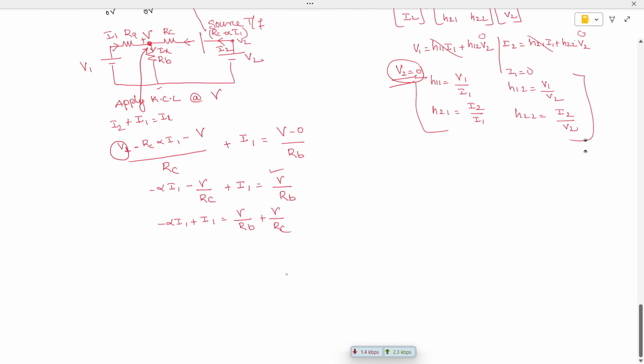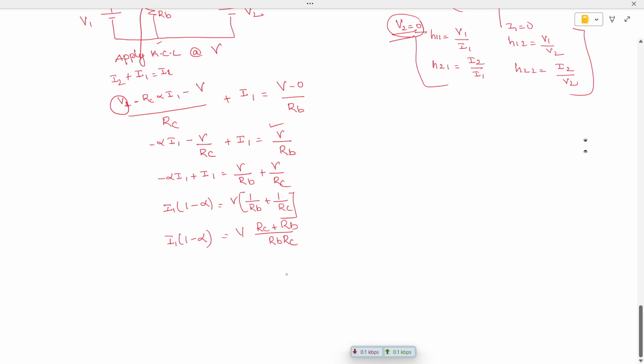I can take I1 as common, which gives 1 minus alpha, and I'm taking V as common, which gives 1 by RB plus 1 by RC. If you take the LCM, this is RB RC, and here you are going to get RC and RB, which is I1 into 1 minus alpha.